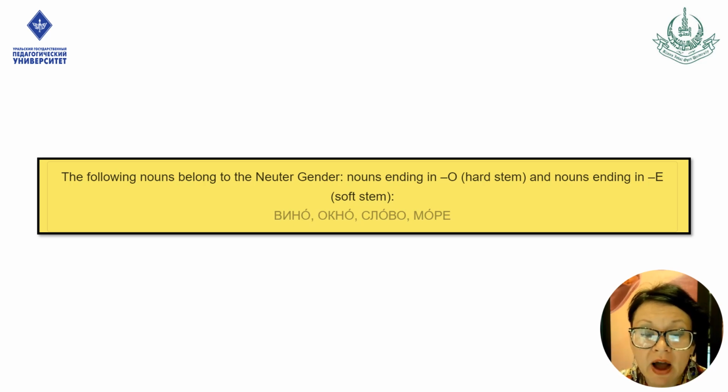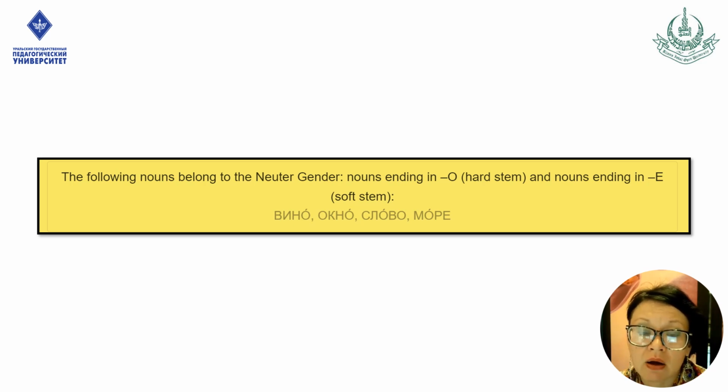So let us revise the basic rules again. Zero ending or consonant hard stem ending corresponds to masculine gender, plus soft sign ending, especially in professions: учитель, водитель, телохранитель.